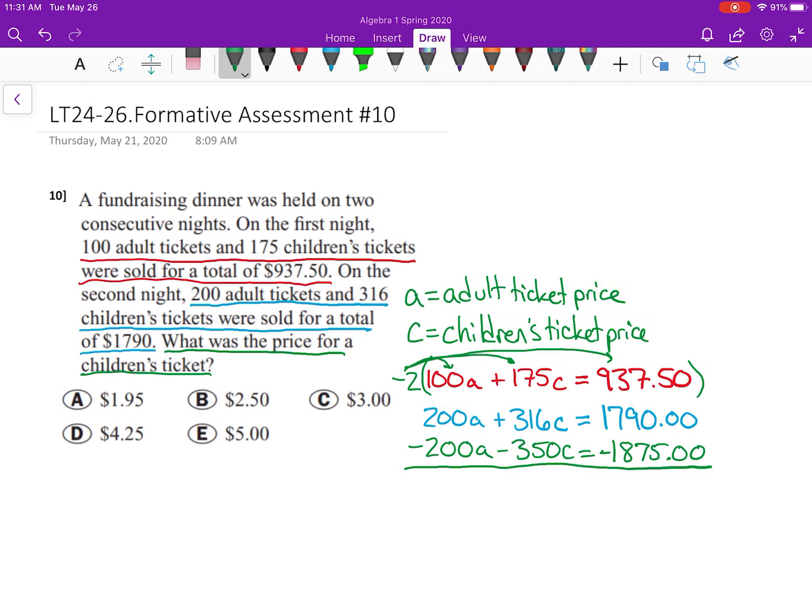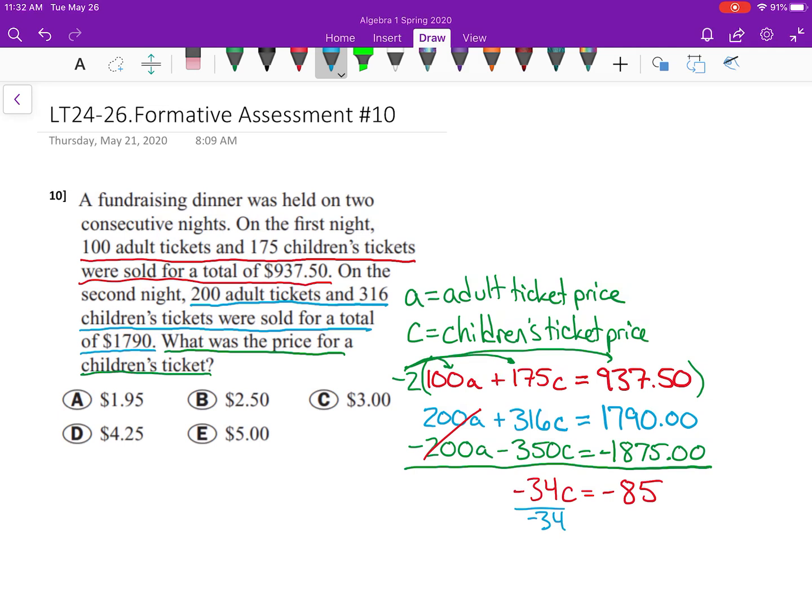Not necessary though. Now I should be able to add all my like terms together, and those A terms should eliminate. 200 minus 200, no more A's. Now I have 316 minus 350, which tells me I have negative 34C equals, and then I'm going to do 1,790 minus 1,875, and that will give me negative 85.